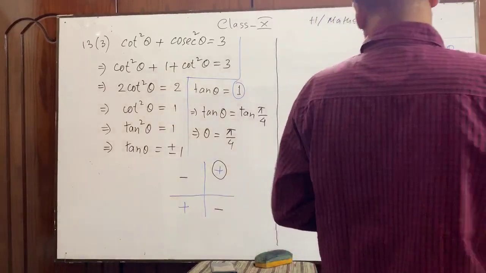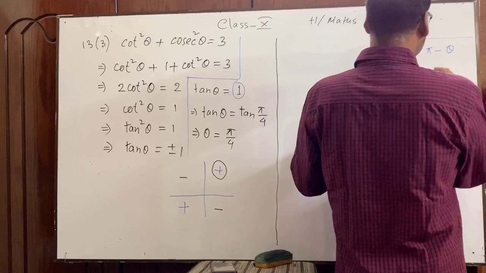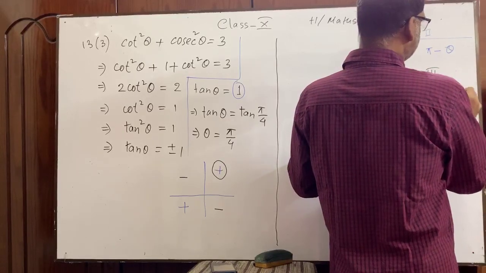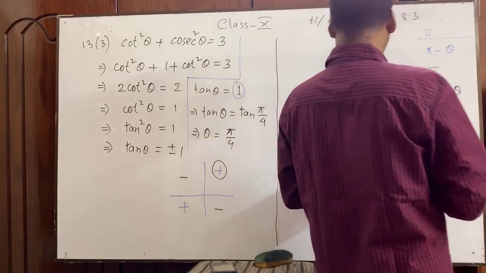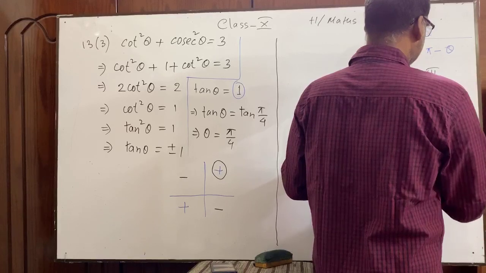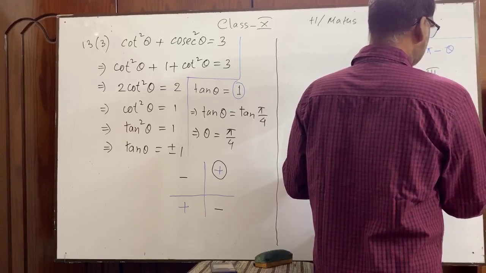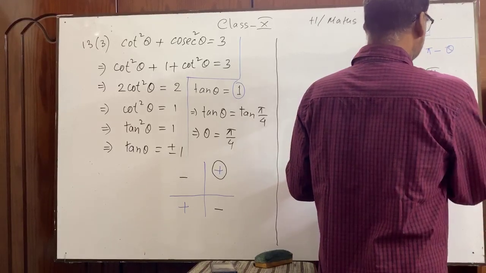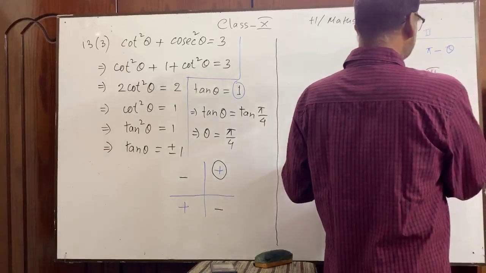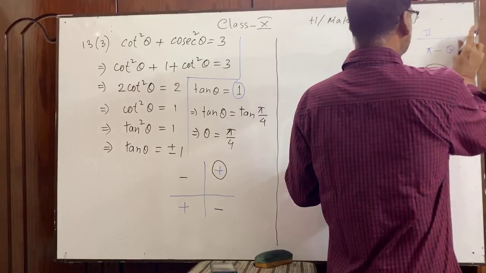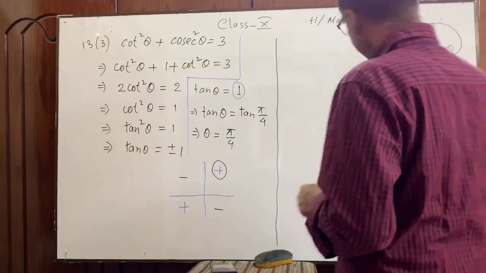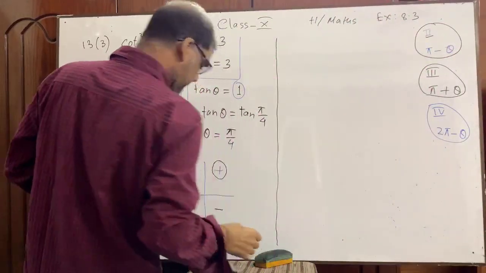For third quadrant, the formula is pi plus theta, and for the fourth quadrant, the formula is 2 pi minus theta. You please remember this. Okay, these three are to be remembered.